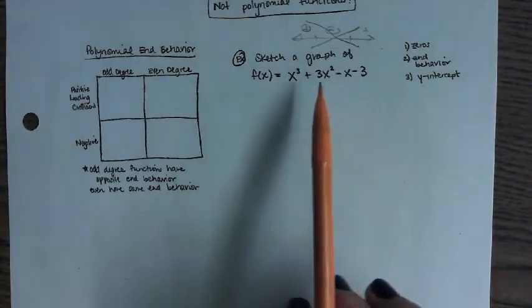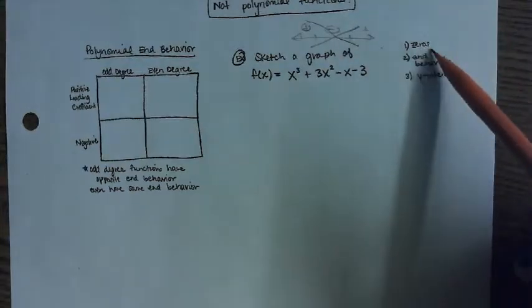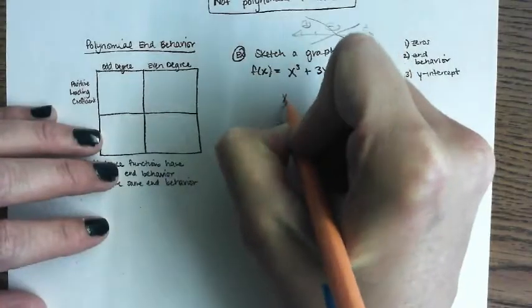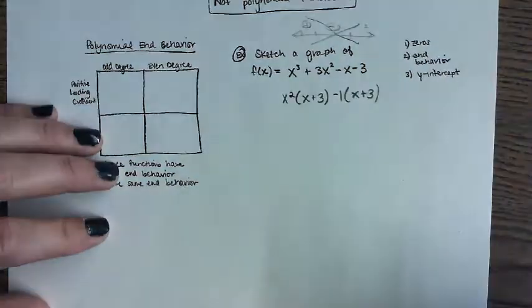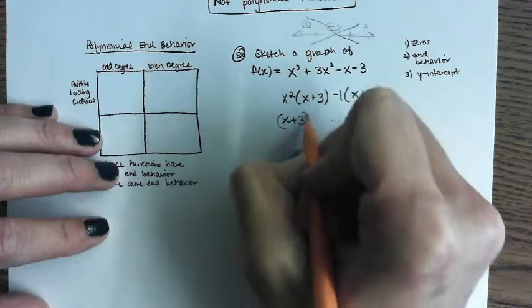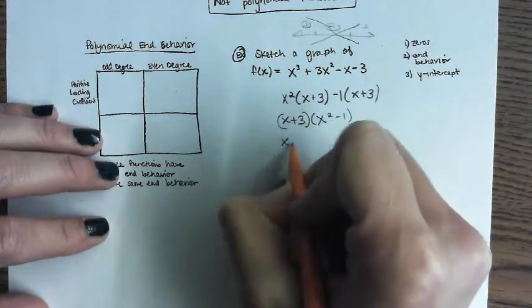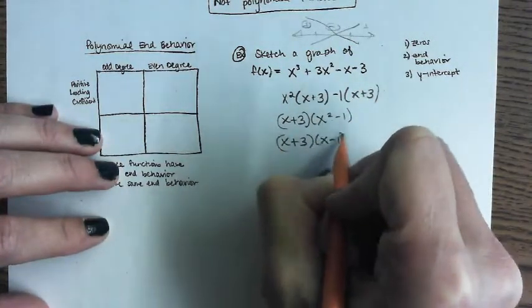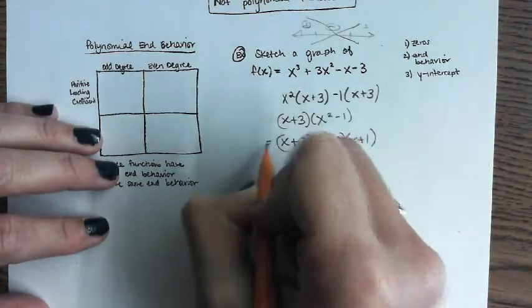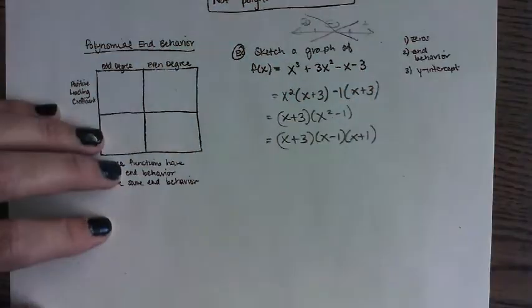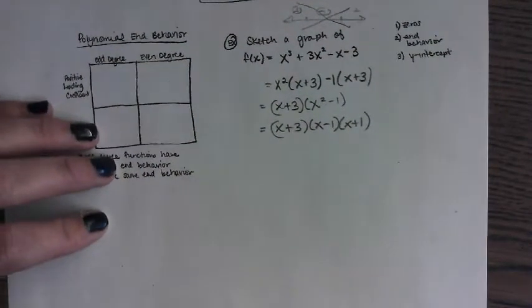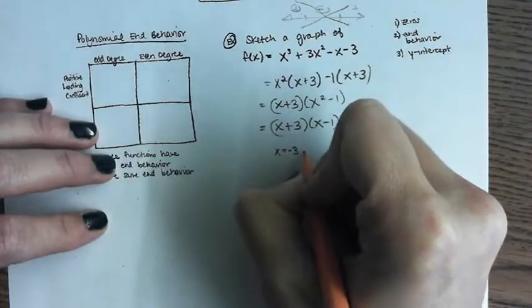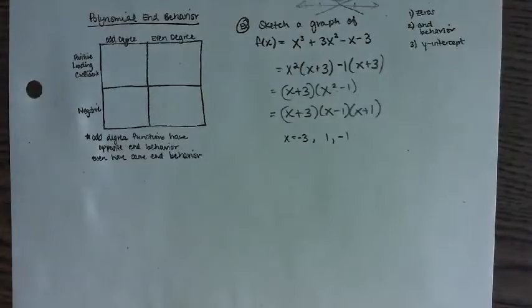So if you were sketching a graph, you would first need to find your zeros. So we're going to factor this by grouping. And we have 3 zeros, each with a multiplicity of just 1.